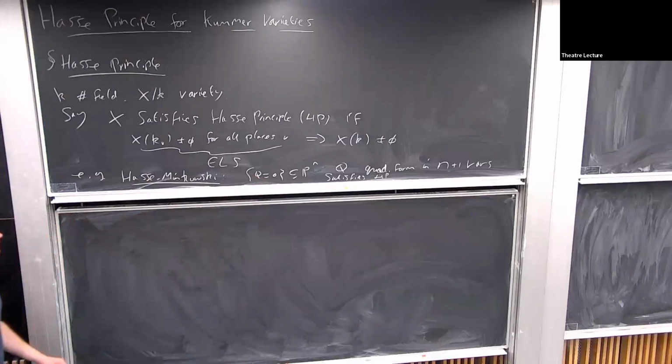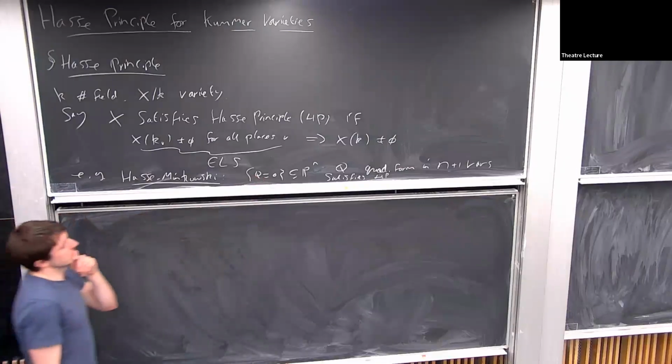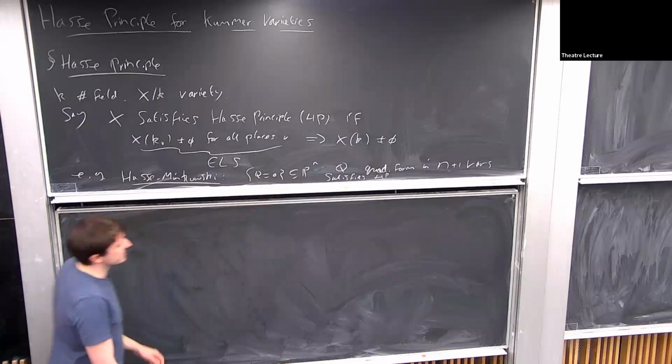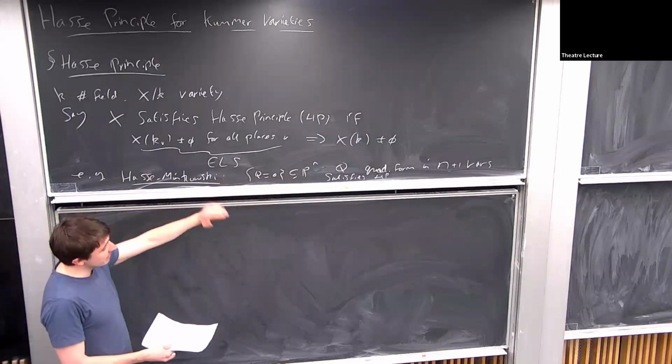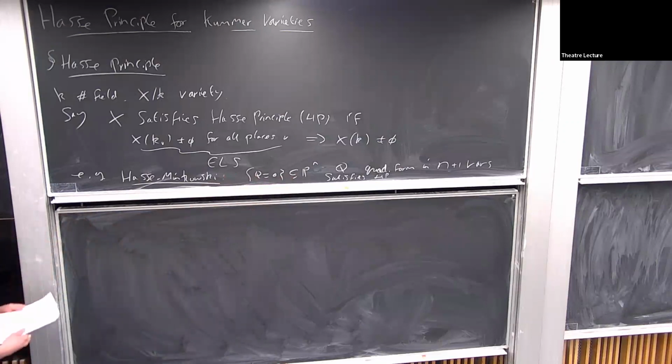So in the particular case of a quadratic form inside P2, this is saying that conics, so genus 0 curves, satisfy the Hasse principle. As soon as you move away from this, there are quickly examples where this fails.